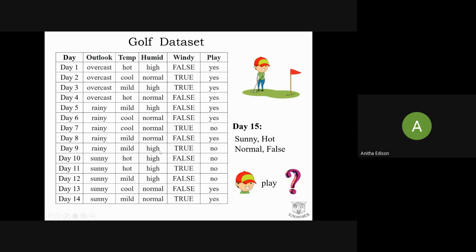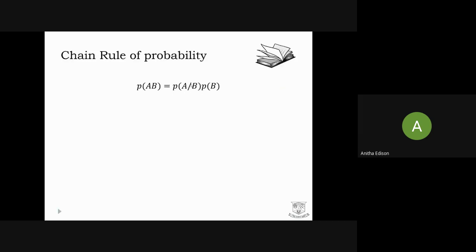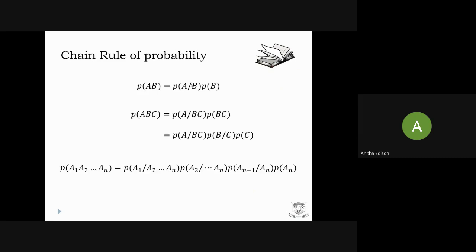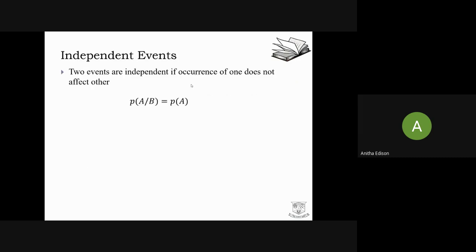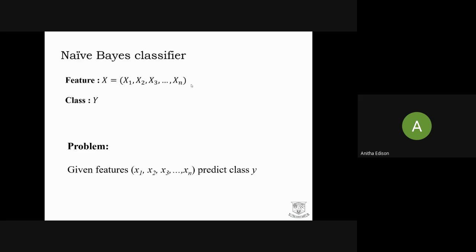Similarly, if a number of features about the day, like the temperature, the humidity, and wind, are given, we can classify the data. That is where Bayes' theorem comes in. I'm not going into the details. Anyway, there are a lot of assumptions when this number of features come in.